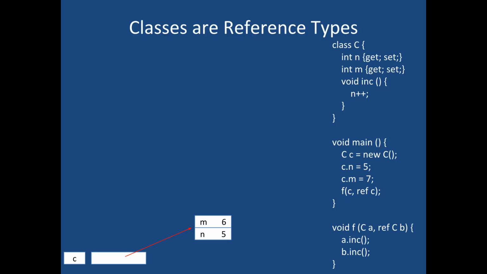Well, before we do any of the incrementing, how many variables in the stack frame for F? That's an easy one to answer. Yeah, 2. It declares 2 variables. A and B. No locals, two parameters. Okay, what will A contain? See, we're passing C. Okay, we're passing it by value, so it'll contain a copy of whatever's here.